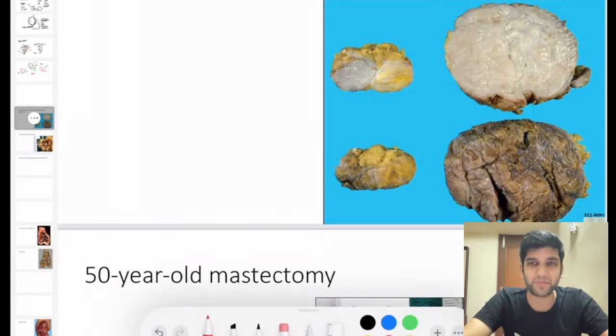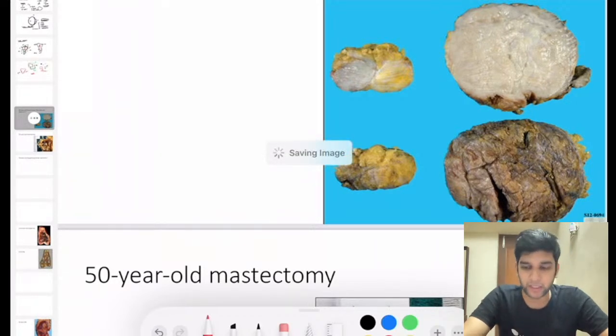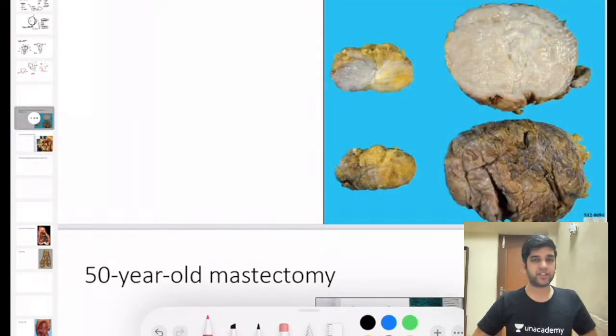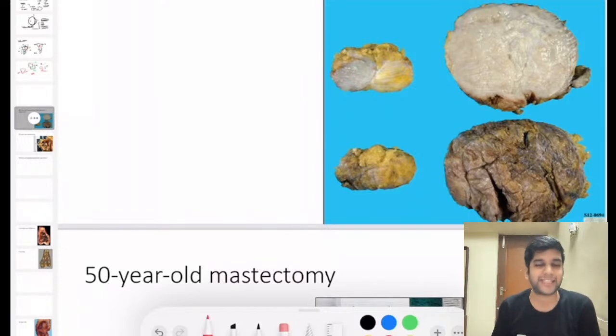I want you to start with the specimen at least. Just start with, is the lesion a mastectomy or not? That at least. It's not a mastectomy, right?